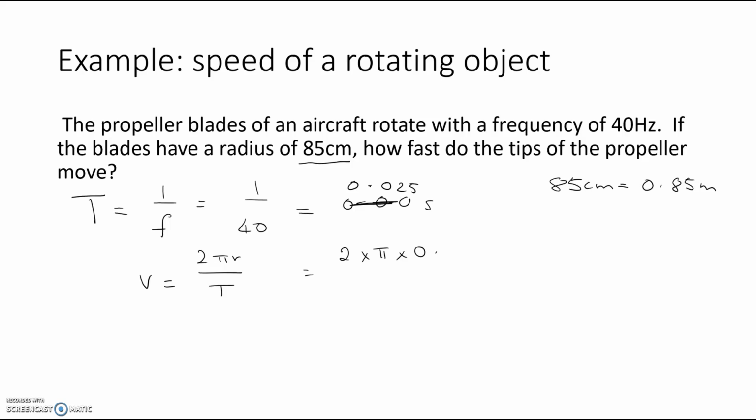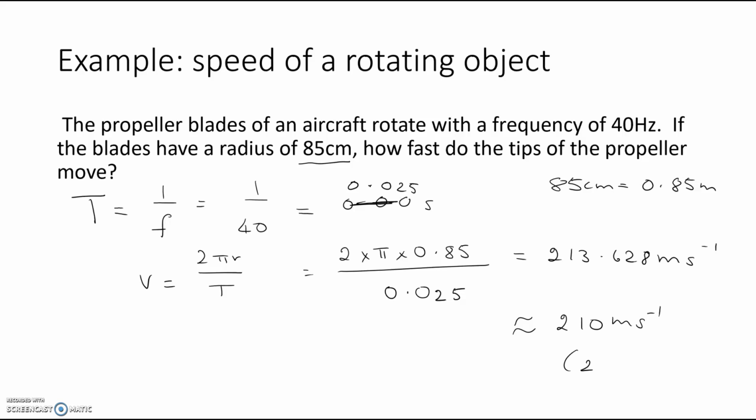So we're going to put in there 0.85 metres, and we're going to divide it by what we've already found for T as being 0.025. Now get your calculators out and you find that that was 213.628 metres per second, or approximately 210 metres per second to two significant figures.